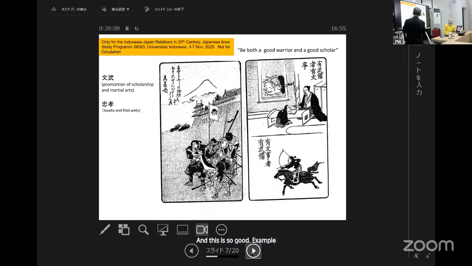And this is a very good example of Momotaro's transformation from the old Momotaro, changing his character to catch up with the modernization of the Meiji nation.